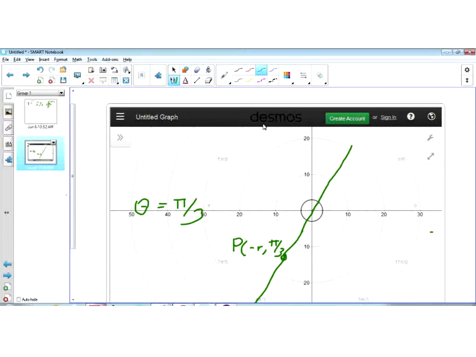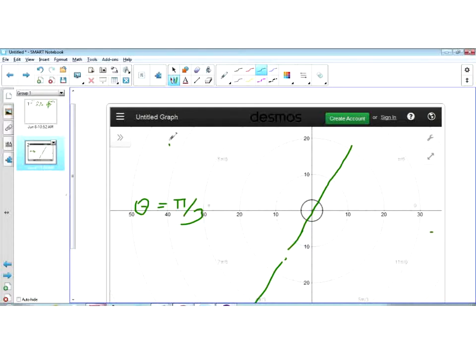Let's say I give you a point negative r, pi thirds, okay?